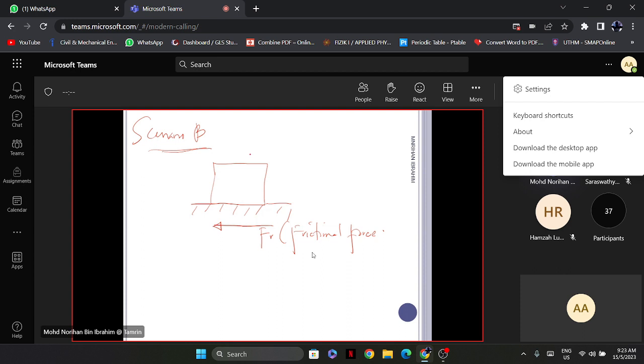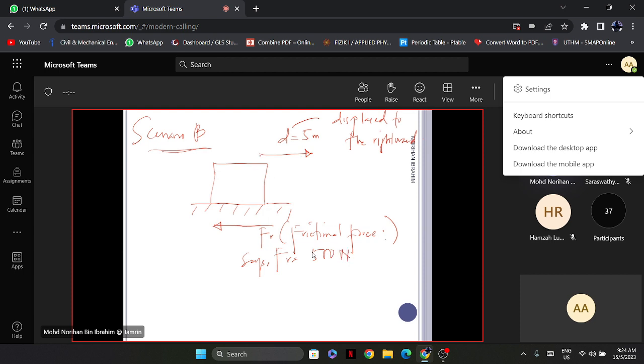Let's say this crate moves to the rightward. It's displaced to the rightward at D is equal to 5 meter, and Fr is the frictional force. Let's say the frictional force Fr is equal to 500 Newton.